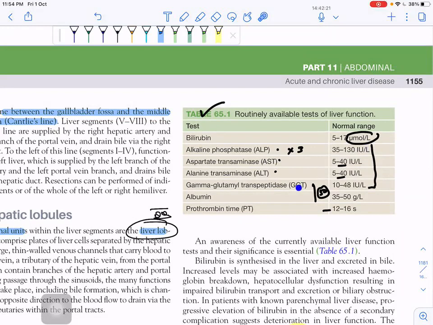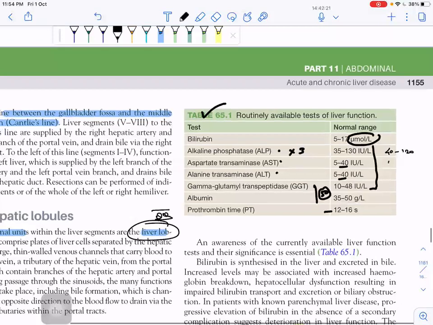ALP, AST, ALT, GGT, everything is given in international units. ALP, you have to remember about 40 to 120. I remember like that, 40 to 120, and this is 40. Like that I remember: 40, 40, 40. You remember 120. So ALP, AST, ALT, and gamma glutamyl transferase is also around 50, and albumin also 50.